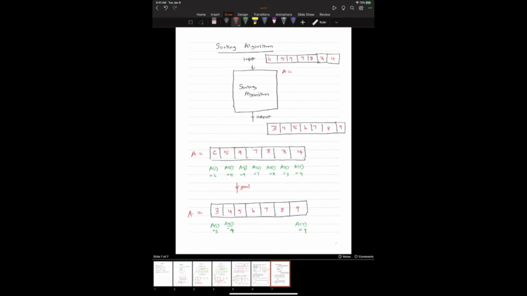So obviously we want to have the smallest number in the first pouch, next smallest number in the second pouch, and the largest number in the seventh pouch. So that is what is called sorting. So now we made a little bit of rules. The first element of A now has 6. We want the smallest number. You want to place the smallest number there.